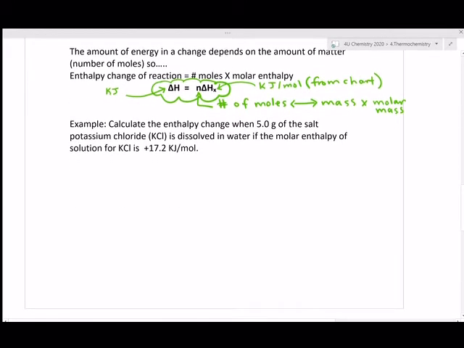So as I said, we're predominantly going to be looking at chemical reactions, but there are some physical changes that we're going to look at as well. And this is an example right here. When you dissolve a salt in water, that is just a physical change. You're really not making anything new.